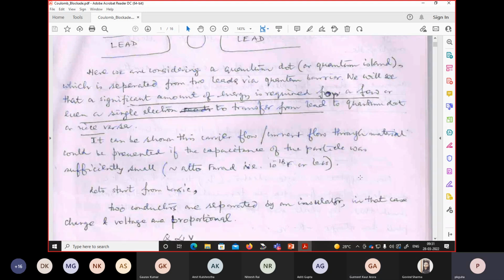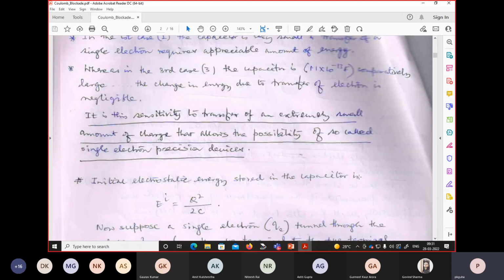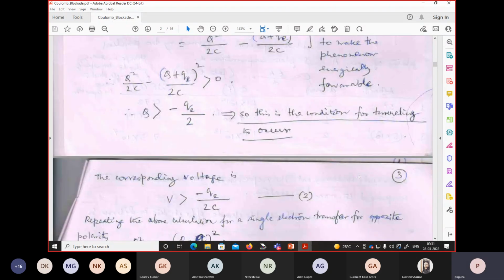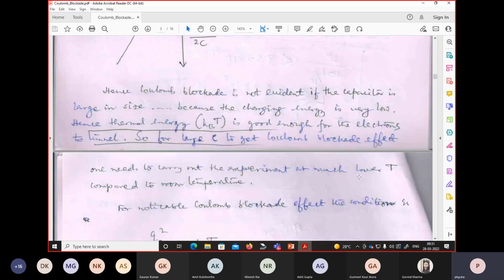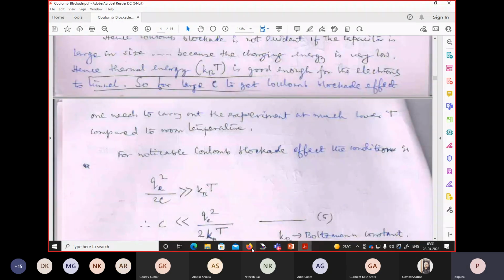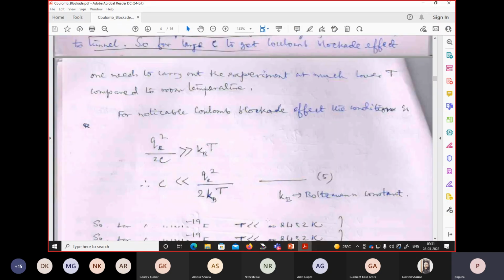Can you see my screen? Yes, sir. So this was the class note, and the calculation you did is which one? Delta ET.